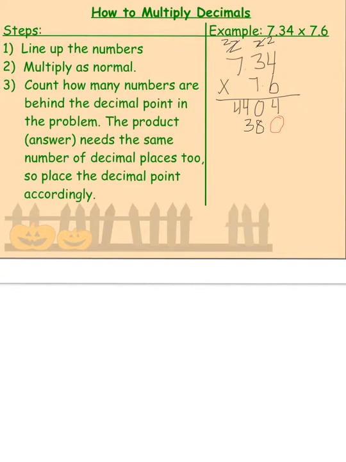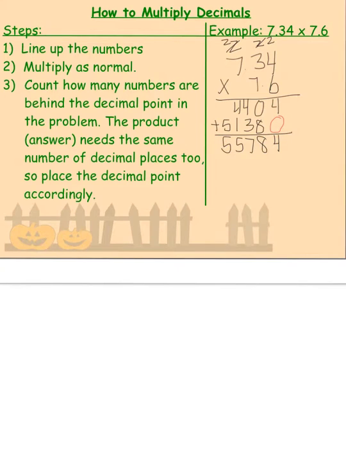Carry the 2. 7 times 7 is 49, plus 2 is 51. Once you have these, now you add the two together. 4, 8, 7, 5, and 5.